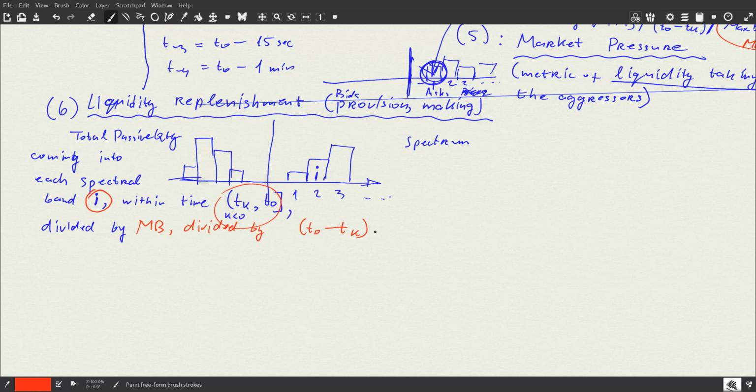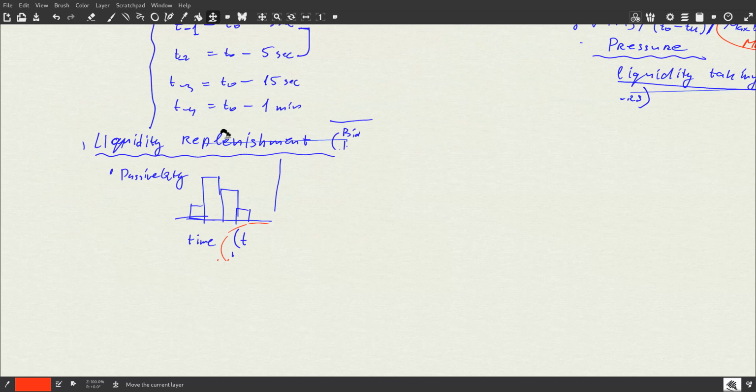So you got quite a lot of features as a result, which describe both the static composition of the order book and the dynamic liquidity taking and liquidity replenishment. What is important is that you do it over different periods of time, going increasingly deep into the history.